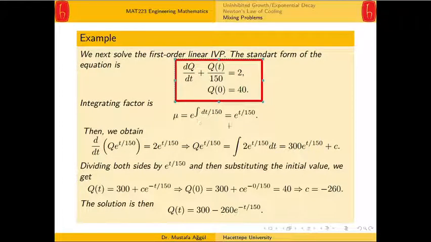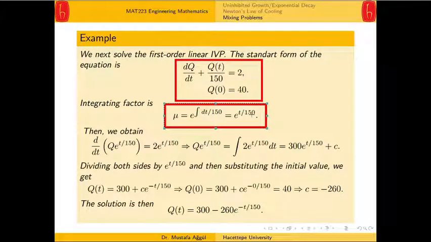Finding the integrating factor, we see mu is equal to e to the t over 150. Okay, if we solve this linear differential equation, we obtain this solution here. And then if we use the initial value and substitute 0 for time, this will be basically 1, and this will be 300 plus C. Okay, 300 plus C is equal to 40 because the initial amount is 40.